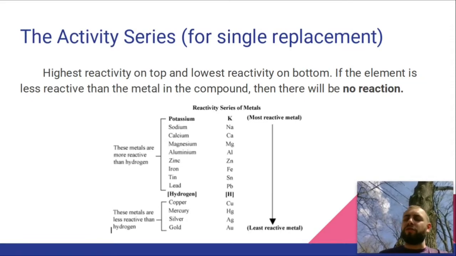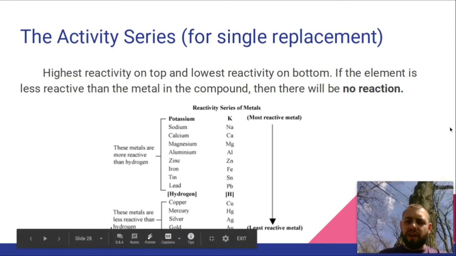Now let's talk about the reverse. What if I had a very reactive metal, like we'll say calcium? I've got a very reactive metal, calcium, and I'm trying to react it with a silver compound. It's a compound that has silver in it. Silver's not very reactive.